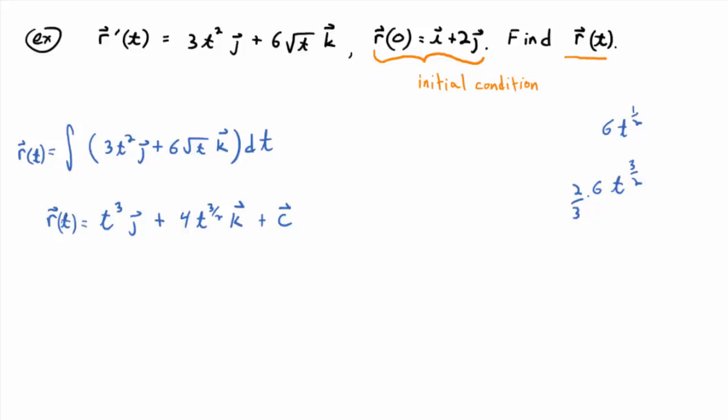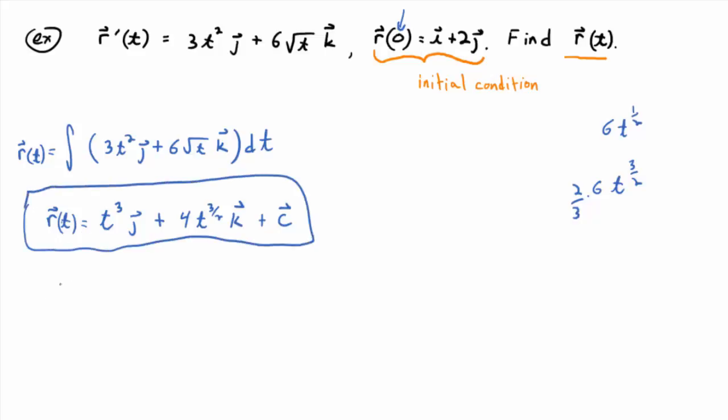So if we weren't given the initial condition, we'd stop here. But we do know this initial condition. We know that when t equals 0, you get i plus 2j. So let's use that here on this version of r of t. So r of 0, if you plug in t equals 0, what happens to the j and k components?